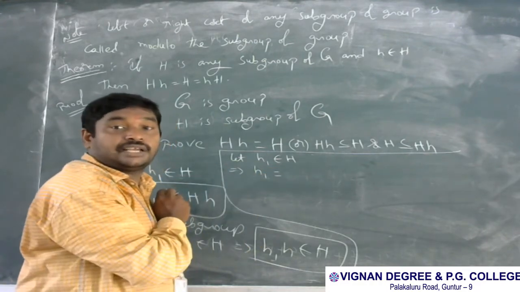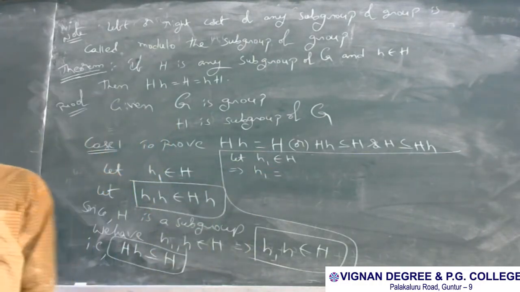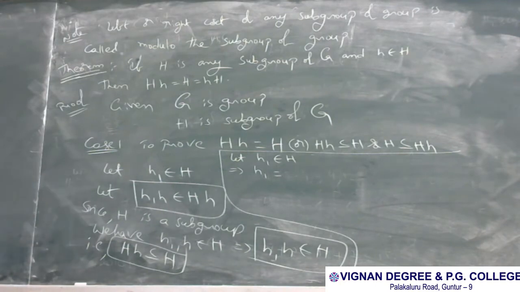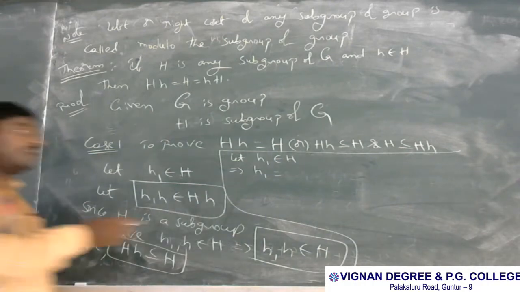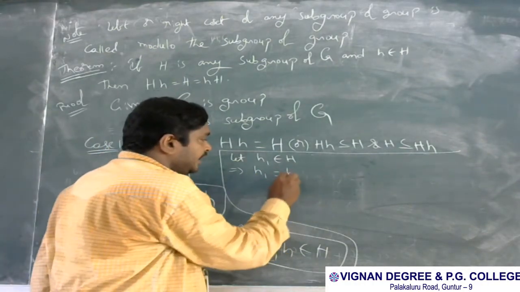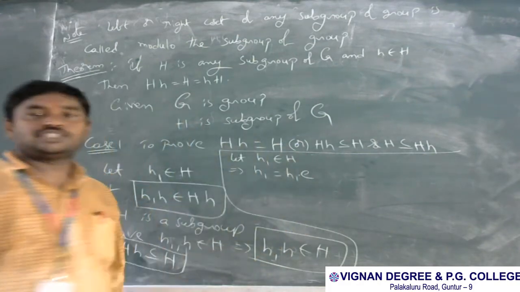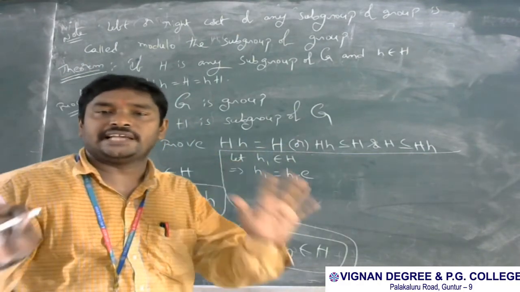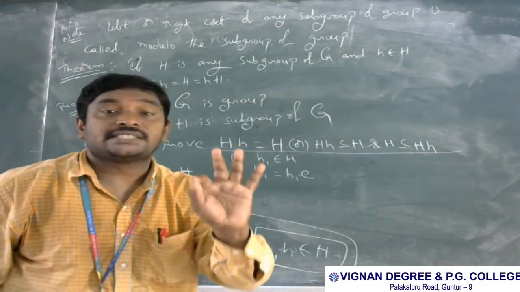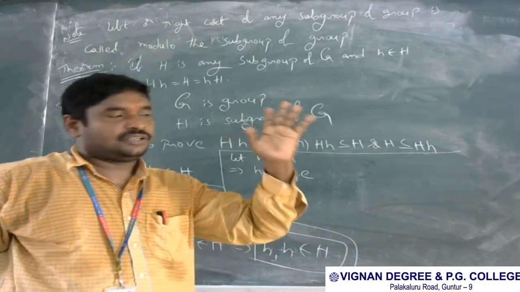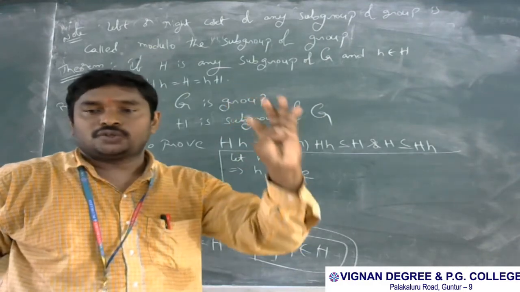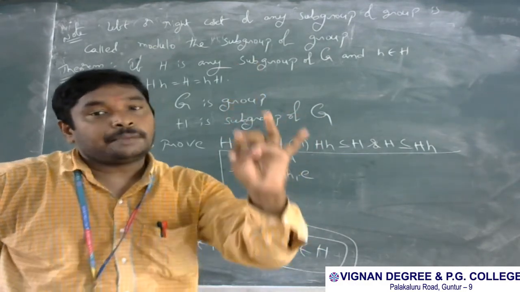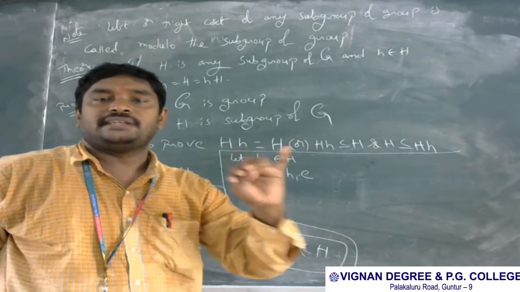Then what can we get? Small h1 belongs to capital H. If I remove belongs to, then I can write it simply as small h1 into E. Here what is capital H? A group. Group means we can use the properties: closure property, associative property, identity property, inverse property.